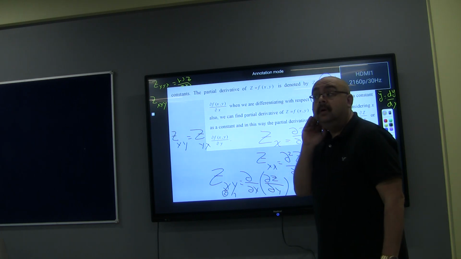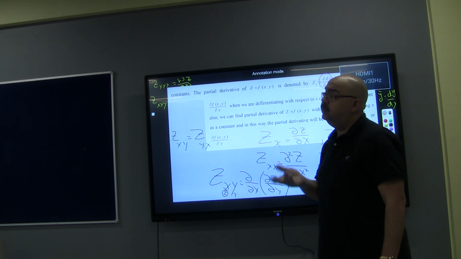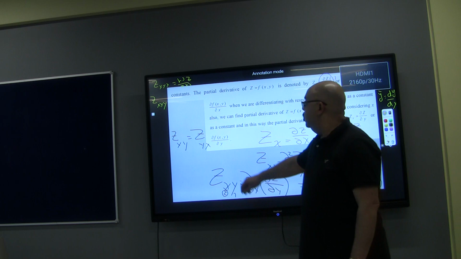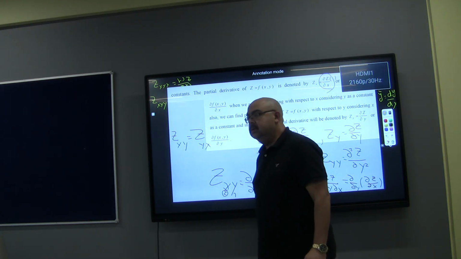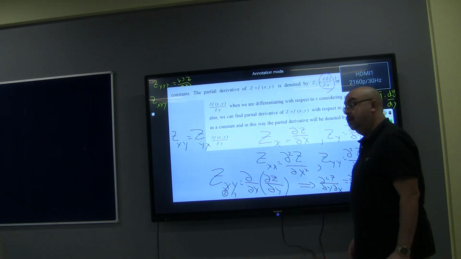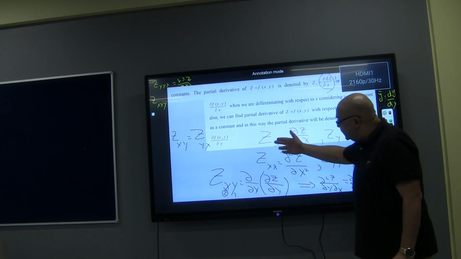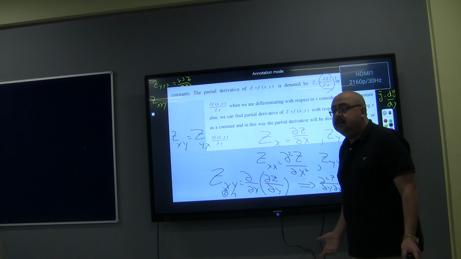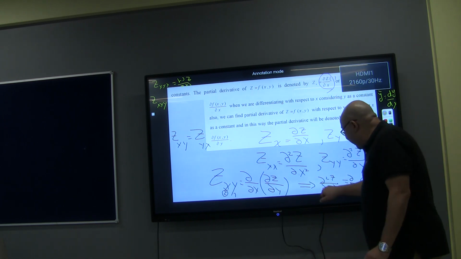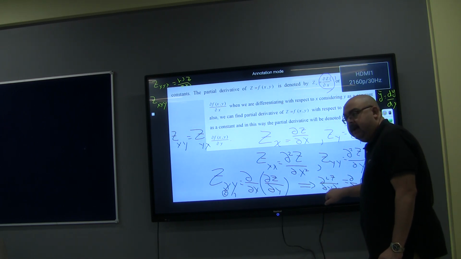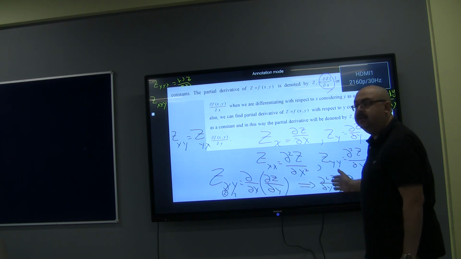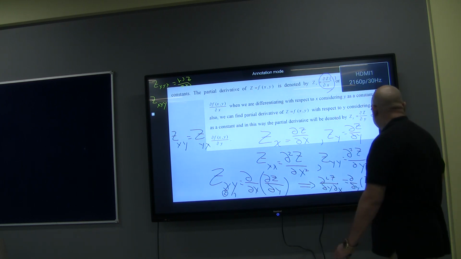So for x x y, I do the y then the x. Right, and the reverse is the reverse: for y x x, I do x then y. And if you have z x x, you will differentiate 2 times with respect to x. That's not a problem. If I reverse them, I first get with respect to x, then I get with respect to x.